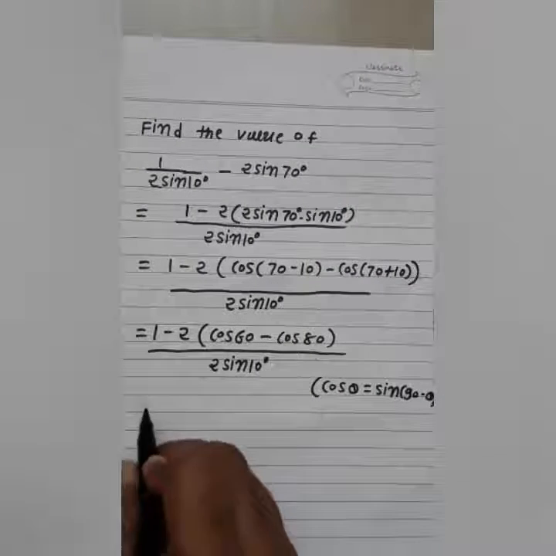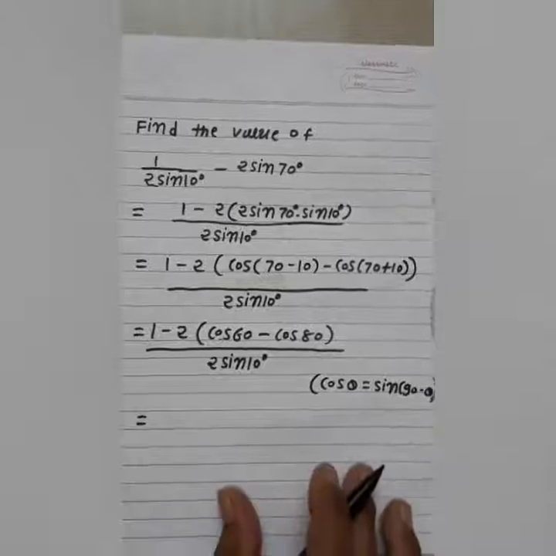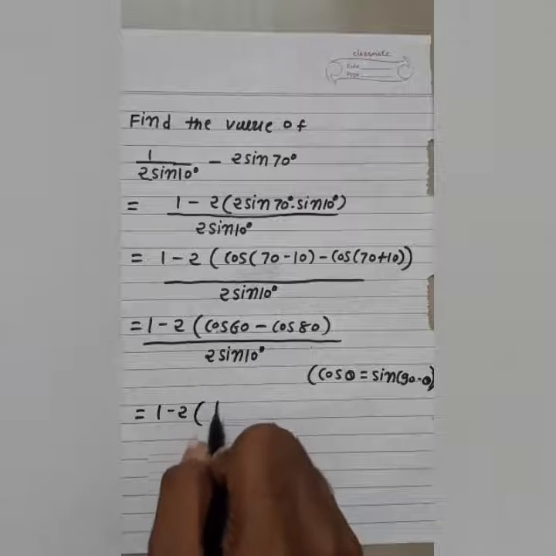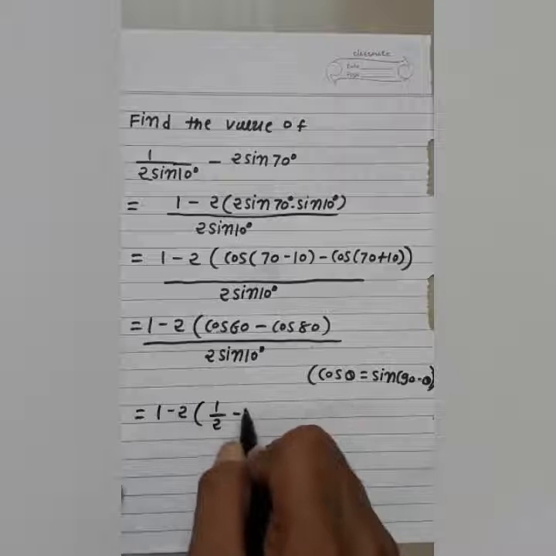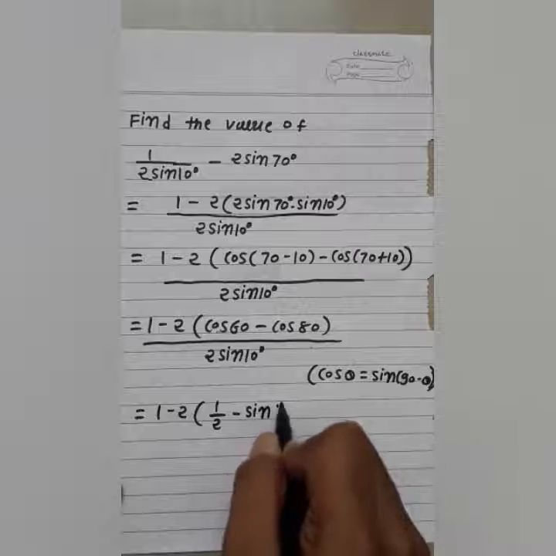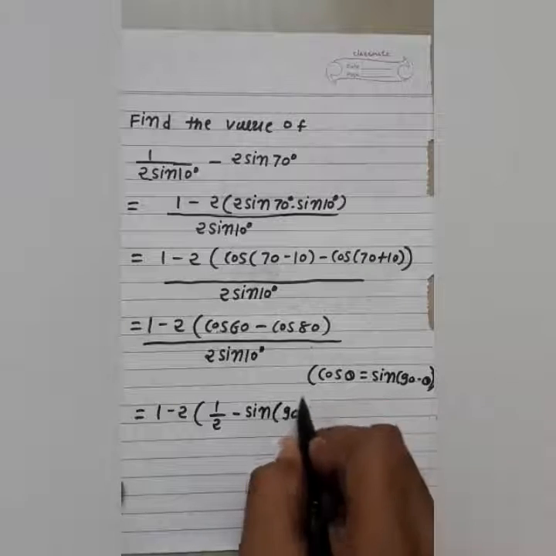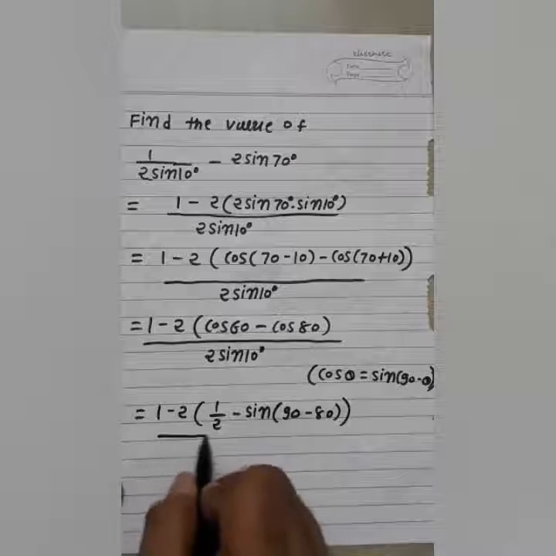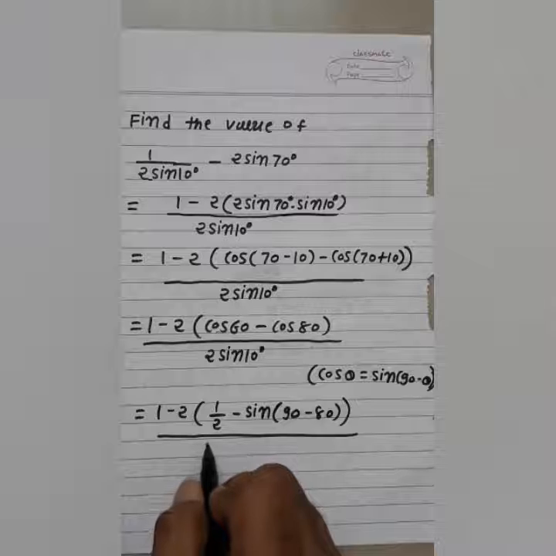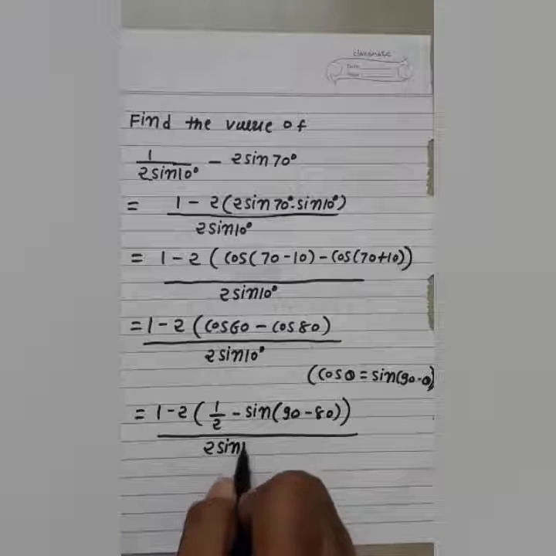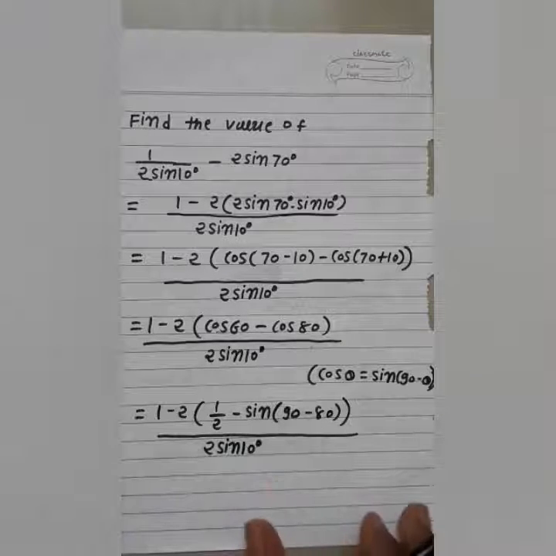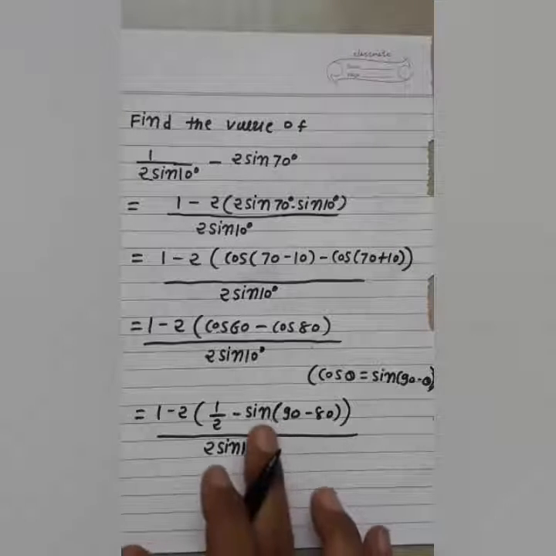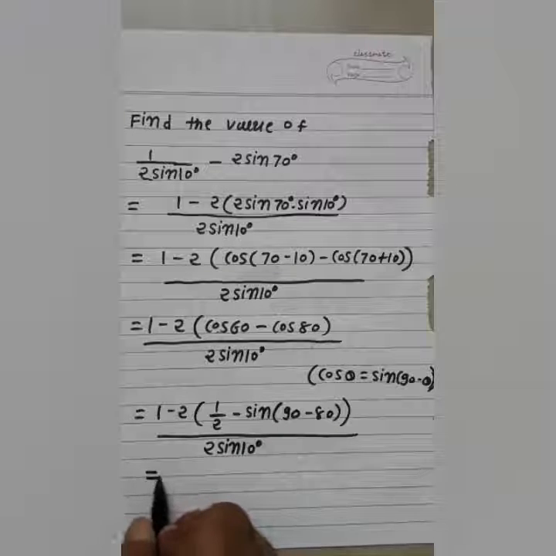So we can write 1 minus 2 into bracket 1 by 2 minus sine(90 minus 80) upon, in the denominator, the same term 2 times sine 10 degree. Now sine(90 minus 80) is sine 10 degree.